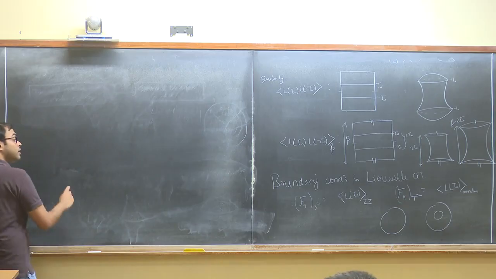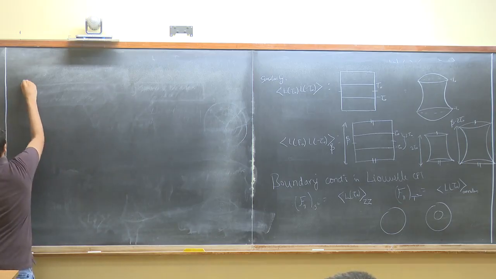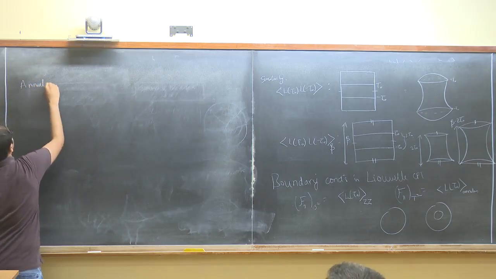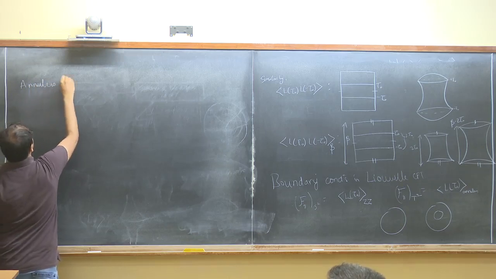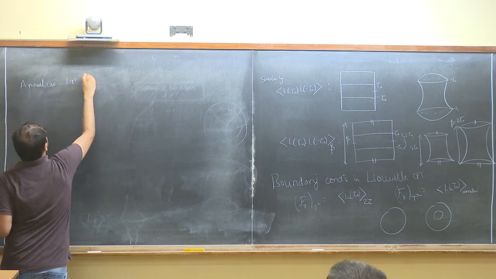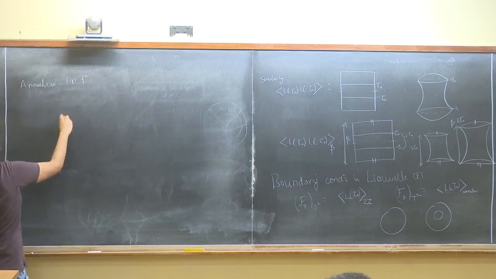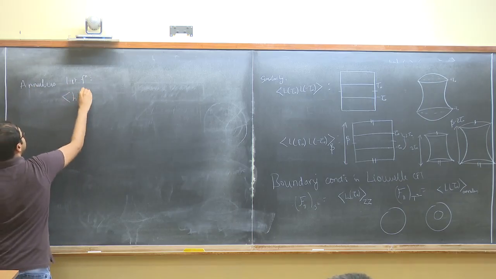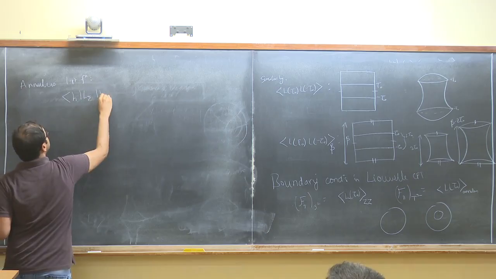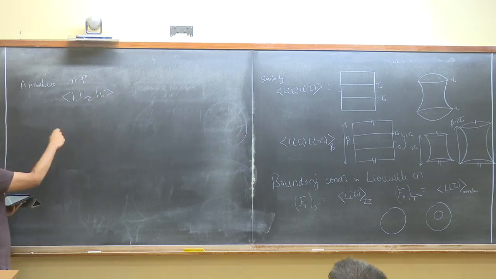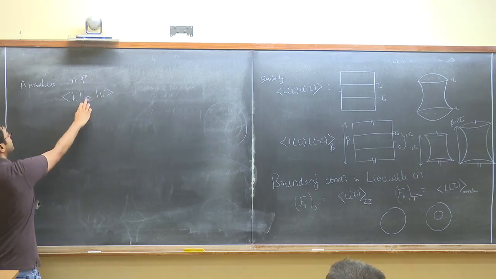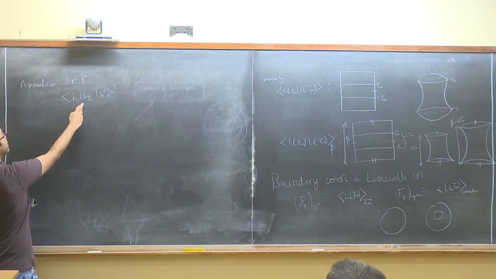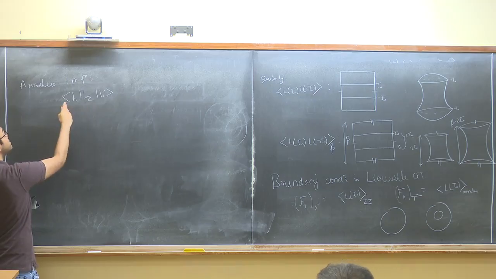Okay, so let's do the annulus one-point function. The reason we want to do this is because we want to evaluate this matrix element. This matrix element governs the dynamics of the line defect L sigma, and it turns out that the Cardy formula for the CFT line defect is just proportional to this.